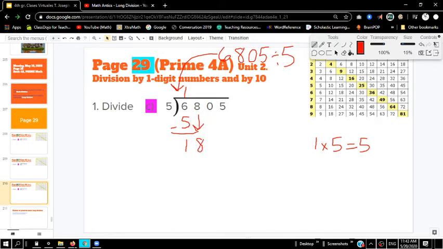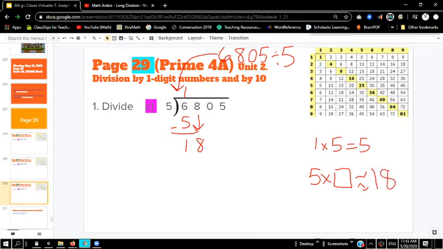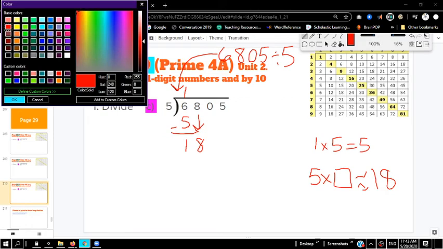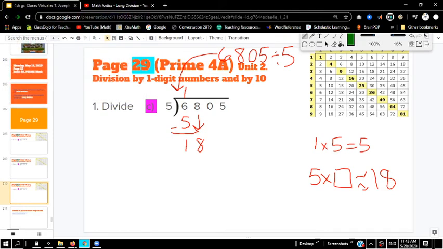All right, now I need to see how many times does 5 enter 18? In other words, 5 times what number is approximately 18? Well, if I look at my multiplication table, you'll notice that 5 times 1 is 5, 5 times 2 is 10, 5 times 3 is 15, 5 times 4 is 20.